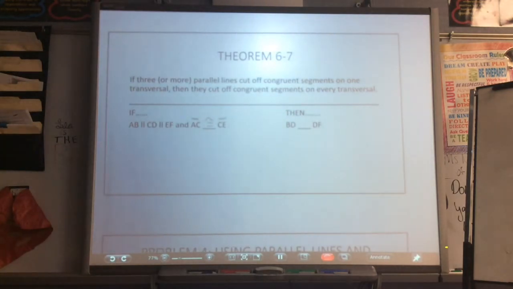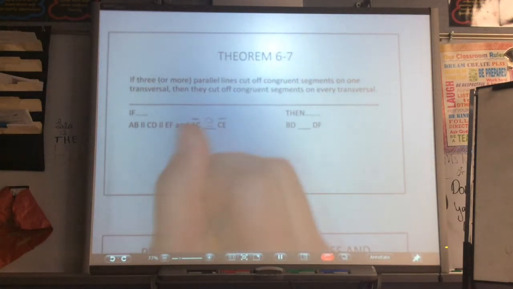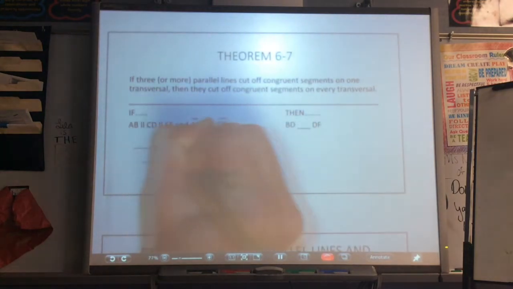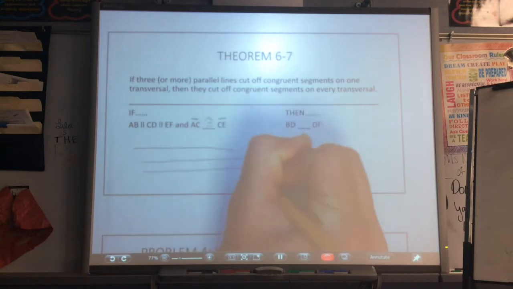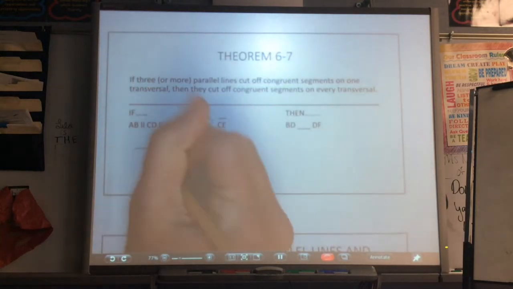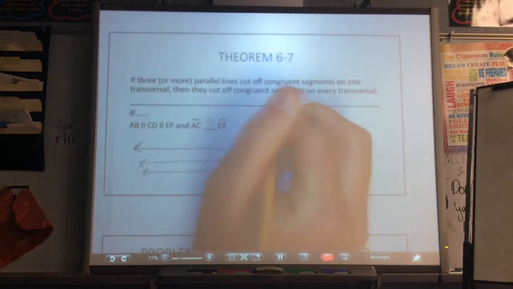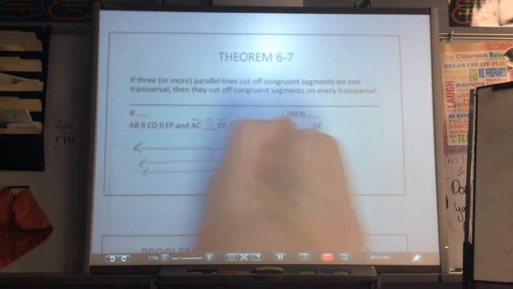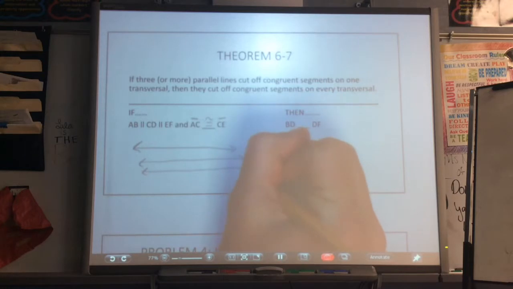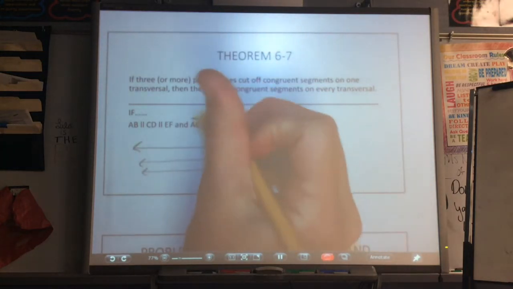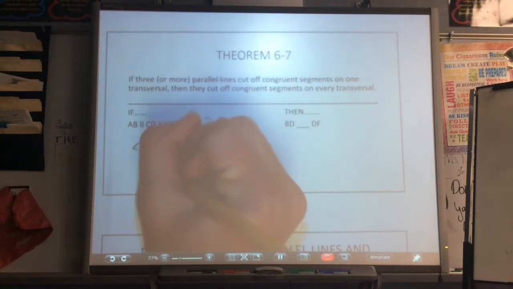So then we're going to draw a little diagram, and we just need 3 lines with arrows on both sides. And then we're going to label them after we do the slanted line.